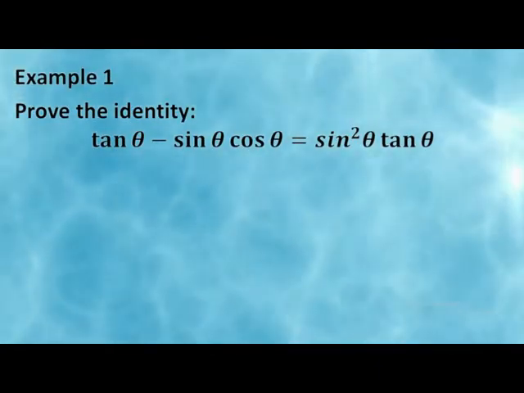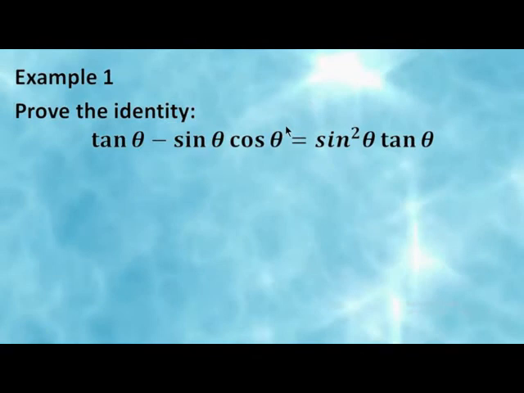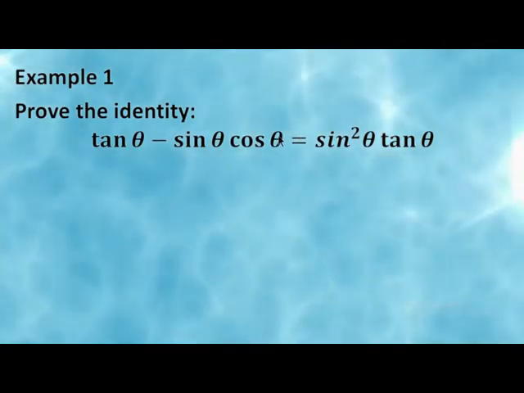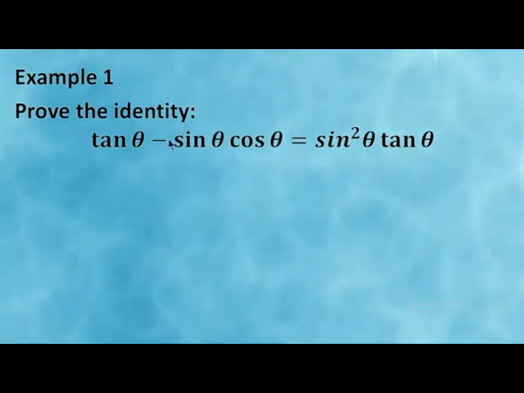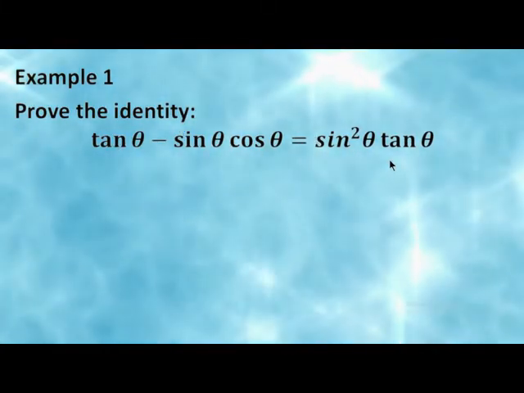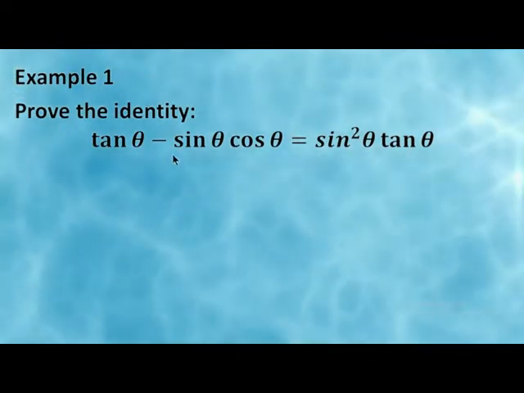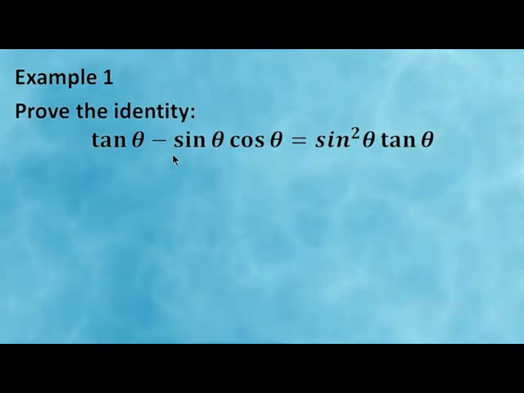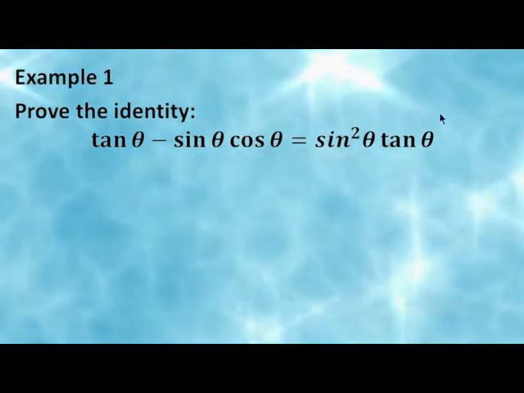Prove the identity that tan theta minus sine theta cosine theta equal to sine squared theta tan theta. You can prove this identity by the left side to form the right side, or the other way around, from the right side you form the left side. In this example, I'm going to work from the left side to form the right side.